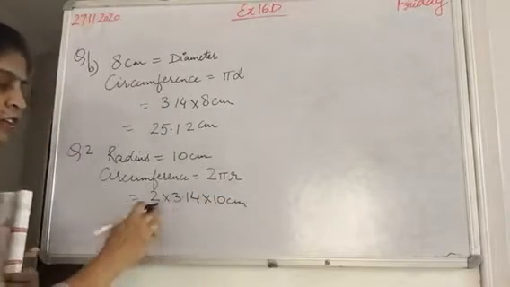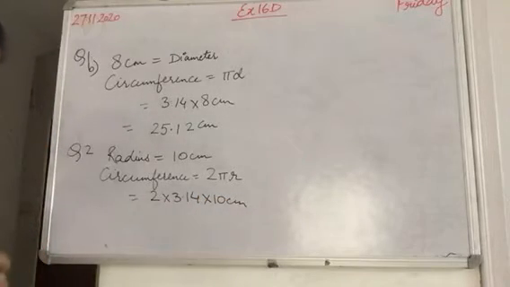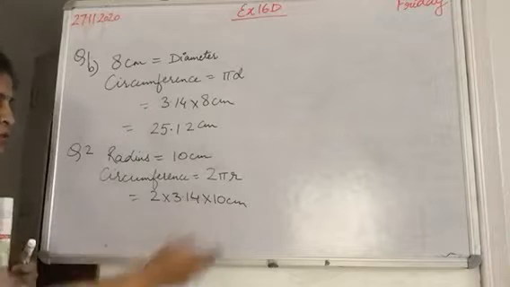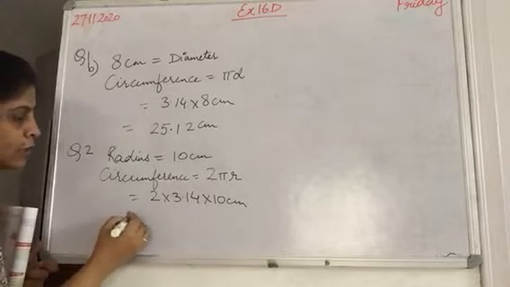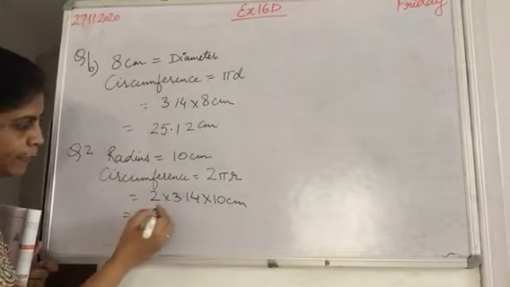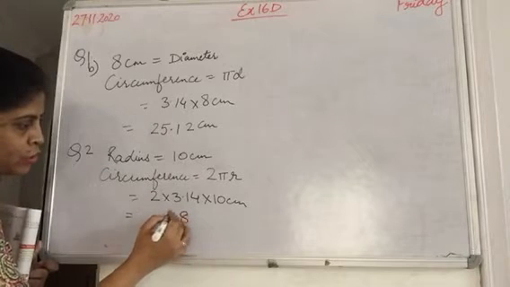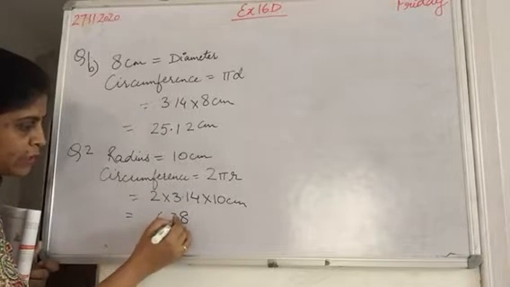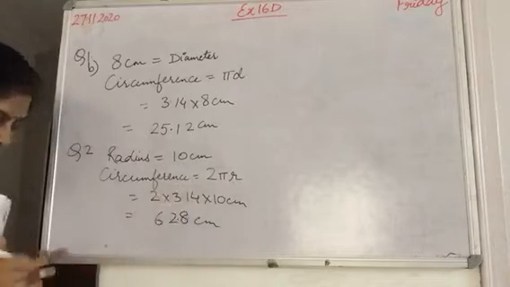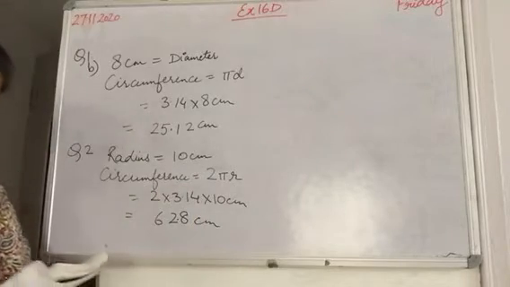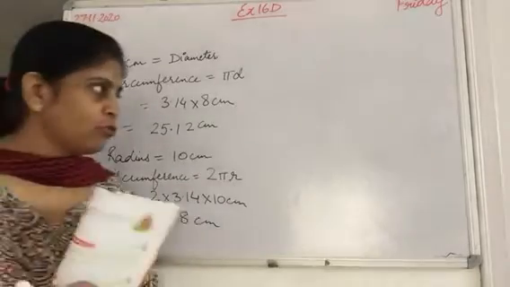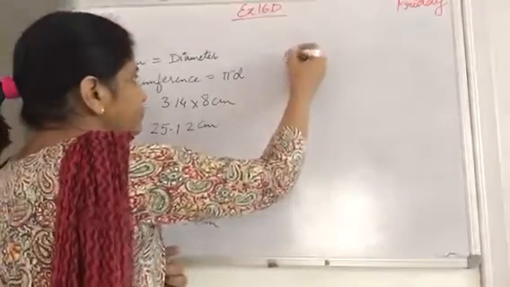Now again I have taken the value of pi as 3.14. So we just multiply it and you get 4 2s are 8, 2, 6, 62.8 centimeter, like this. And then I will do the third part of it.